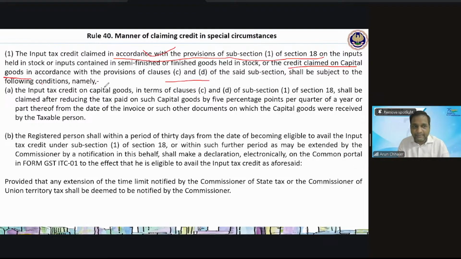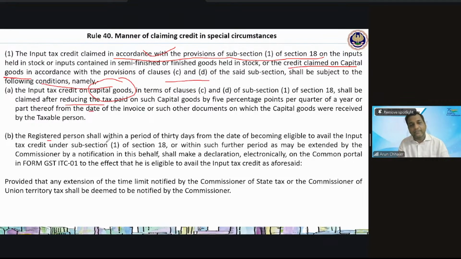Then it shall be subject to the following conditions. If you are claiming the ITC on the capital goods, you need to reduce 5% per quarter or part thereof from the date of invoice or such other document on which capital goods were received by the taxable person.